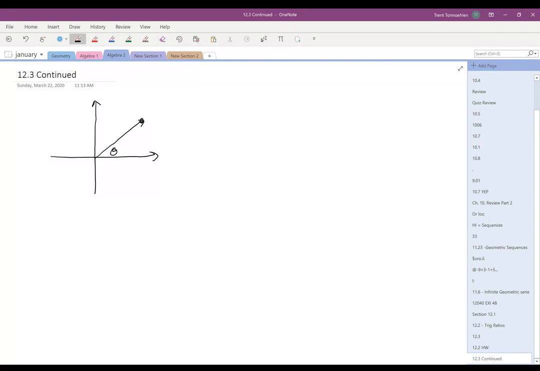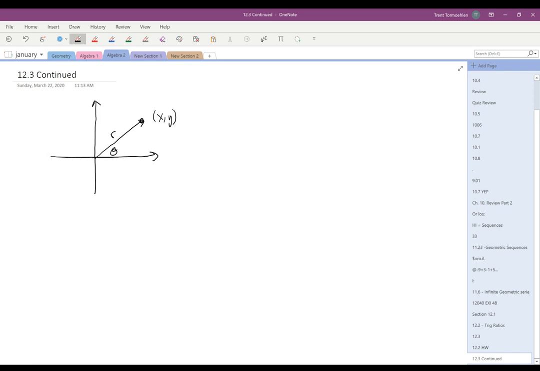And then we need to think about the value of the coordinates, x and y, and then the value of what we call the radius, which is the distance that coordinate is from the center or the origin.